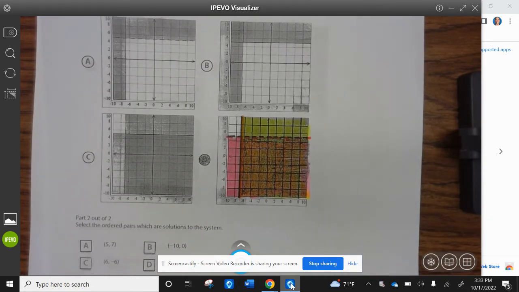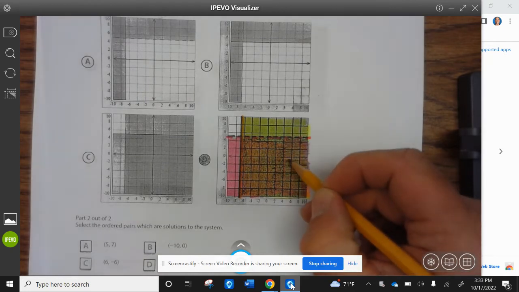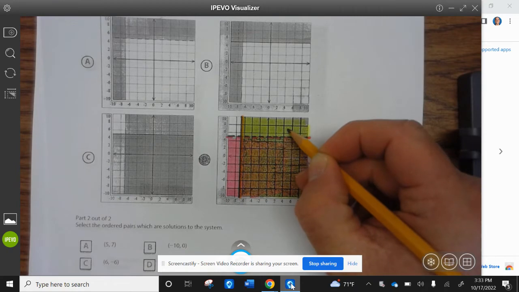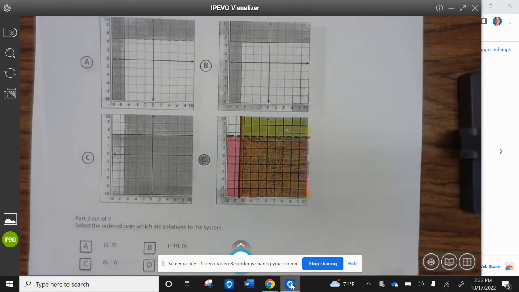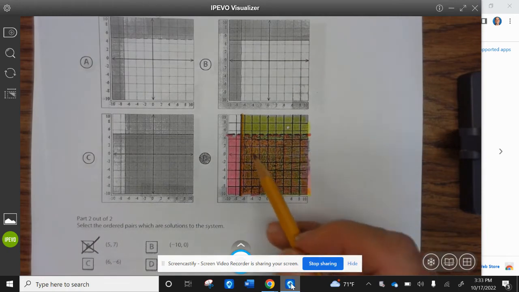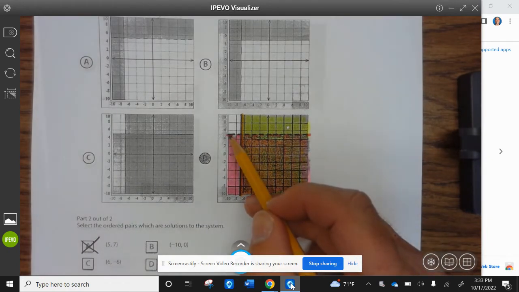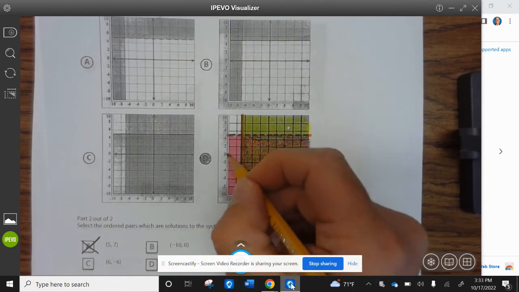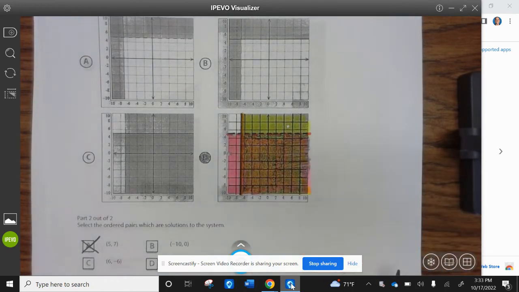So now let's check the points. So (5, 7) is right here. That's not a solution. (-10, 0) is right here.